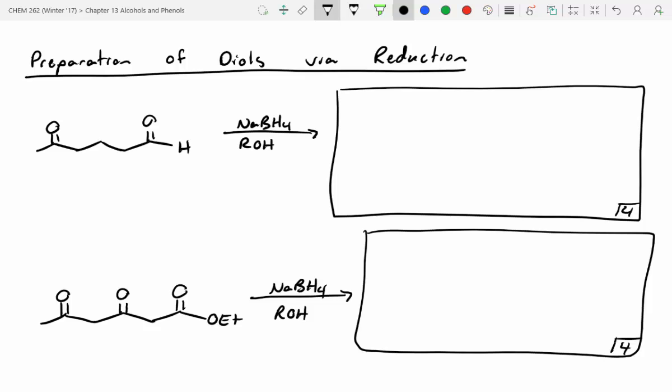So sodium borohydride, which functional groups can that reduce? Aldehydes and ketones, right? Then give me a thumbs up if you think you got both the answers. Yep, it's an ethoxy group, so O-ethyl.